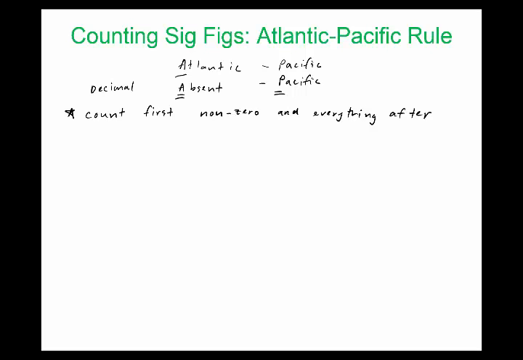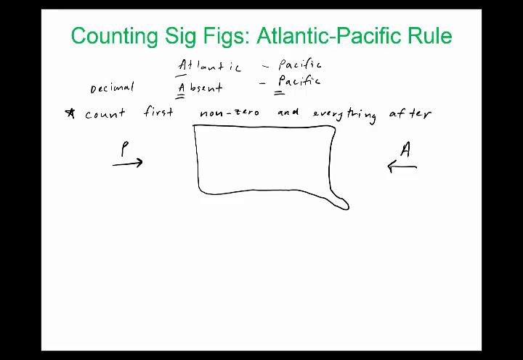Which is better if we look at a couple examples. So here's a bad drawing of the United States. Here's the Pacific side. Here's the Atlantic side. That is a mnemonic to help you remember which side, the left or right side, to start counting numbers.